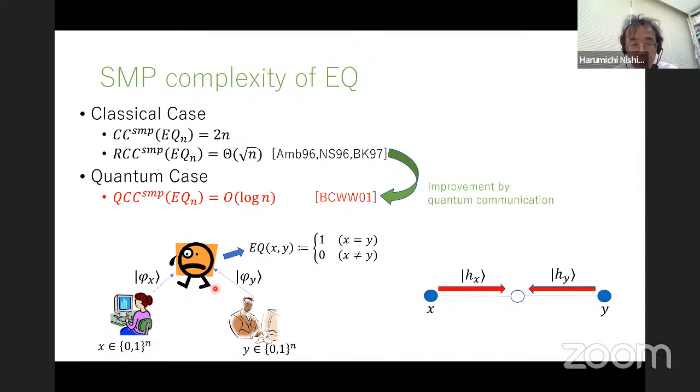So we can use the old result by Buhrman, Cleve, Watrous, and de Wolf. In this quantum case, two parties can send a quantum message, and equality can be computed with only a logarithmic message. So there is an exponential improvement by quantum communication. This is similar to the three-node case, so we might be able to use this argument.